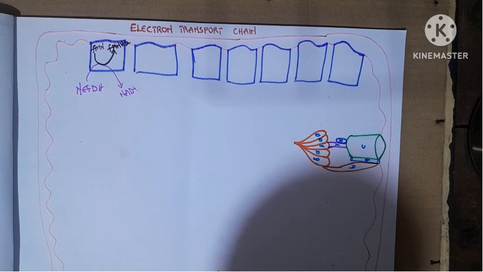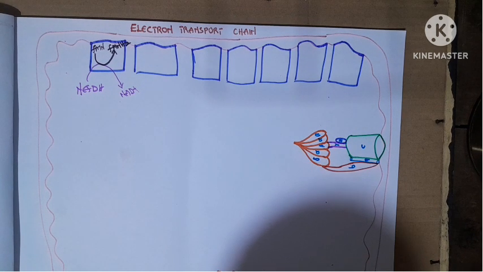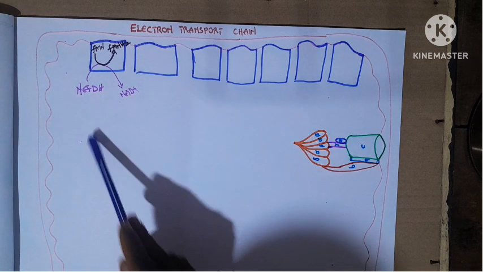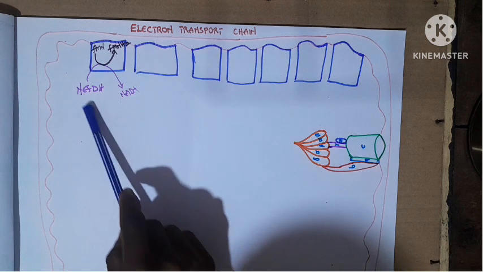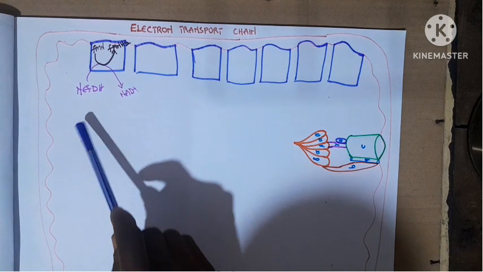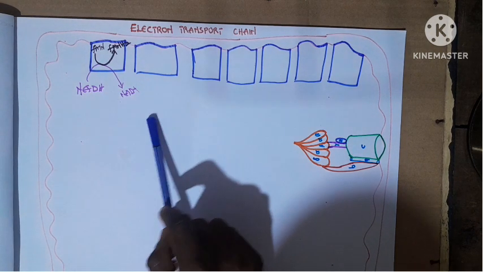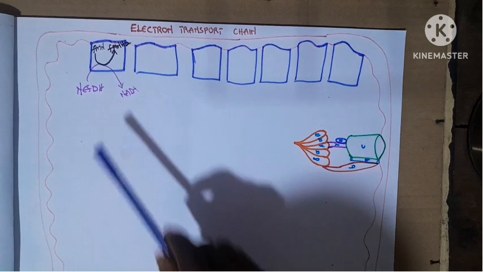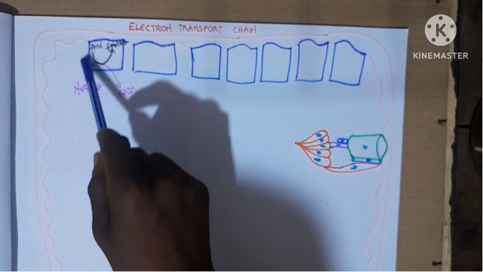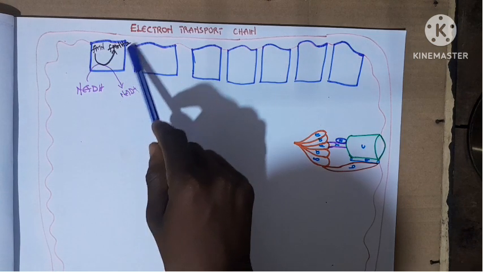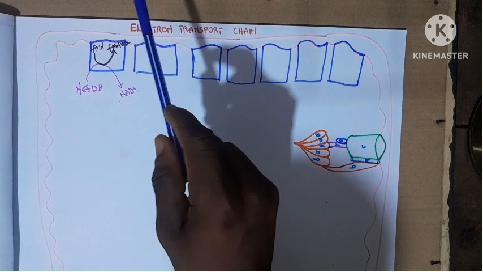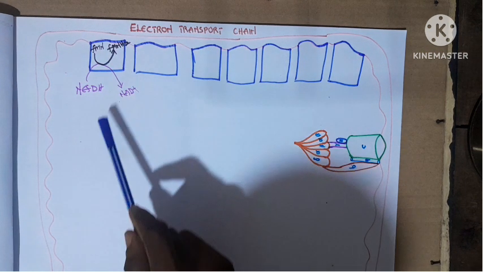So what is basically taking place in this complex 1 is that NADH is reacting with this flavin mononucleotide, and it is being converted to NAD plus, and the flavin mononucleotide takes electrons from this NADH, getting converted to flavin mononucleotide carrying electrons.